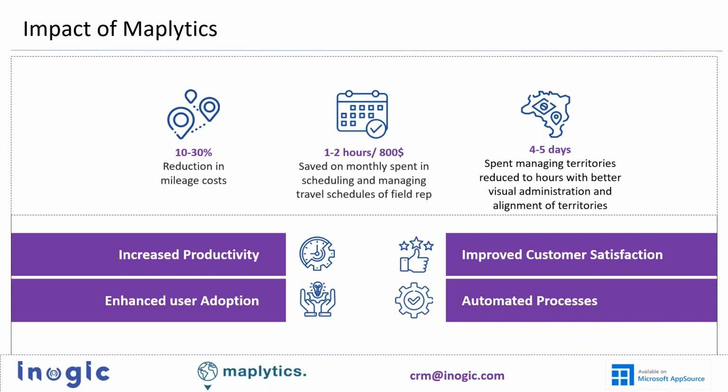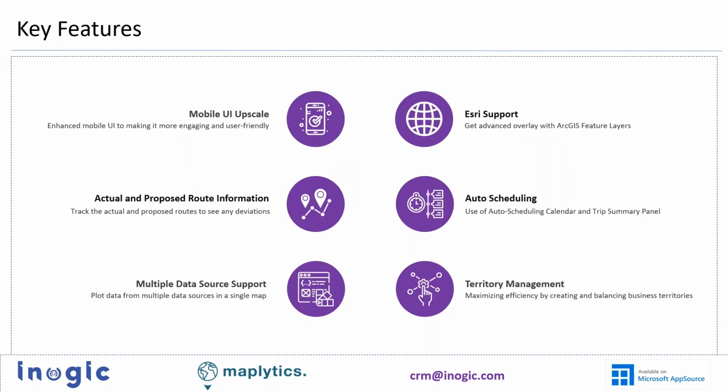Scheduling field trips used to be a tedious process earlier, but with Maplytics, people are able to save 1 to 2 hours daily, and that amounts to about $800 each month. Moreover, while managers used to spend 4 to 5 hours on managing territories, Maplytics has reduced it to just a few hours, along with better visual administration and alignment of the territories. So basically, while you are planning routines and processes, Maplytics helps you to make the most out of it.